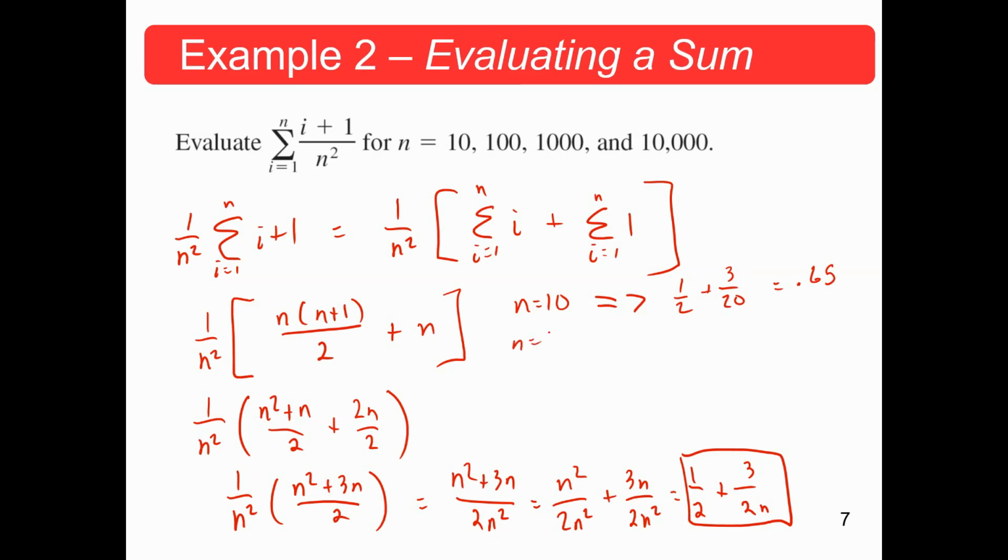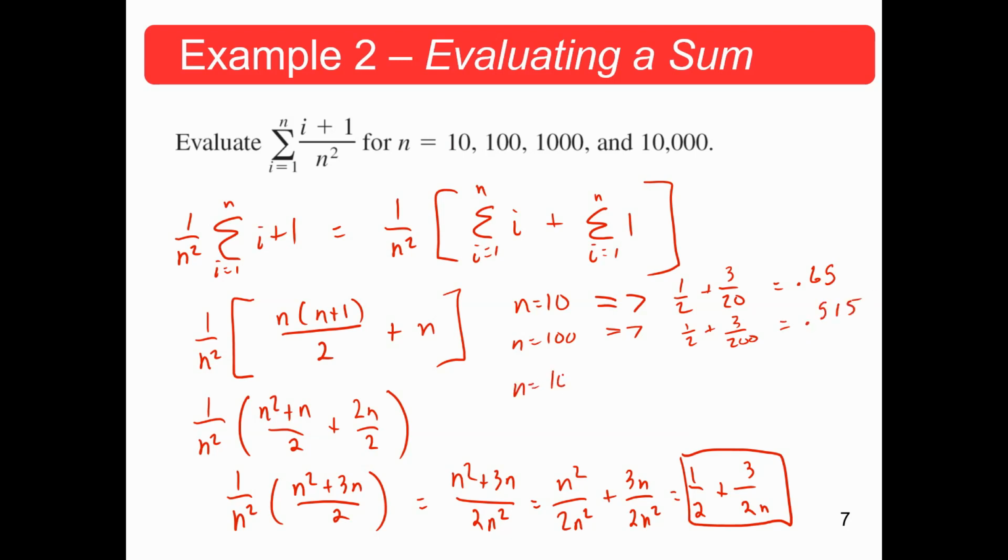If I let n equal 100, that's 1/2 plus 3 over 200, which gives us 0.515.